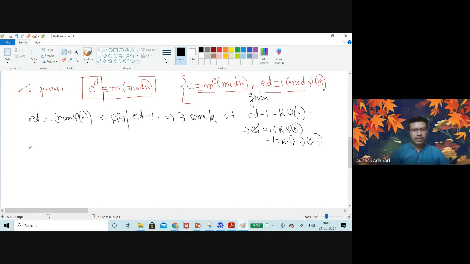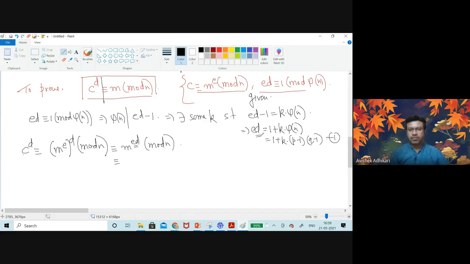It states c to the power d. Now c is nothing but m to the power e. So this is m to the power e, the value of c, to the power d modulo n. That means m to the power ed modulo n.